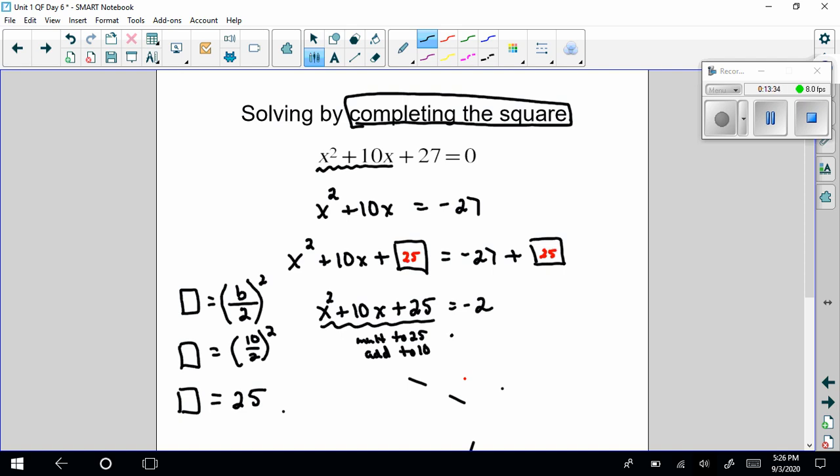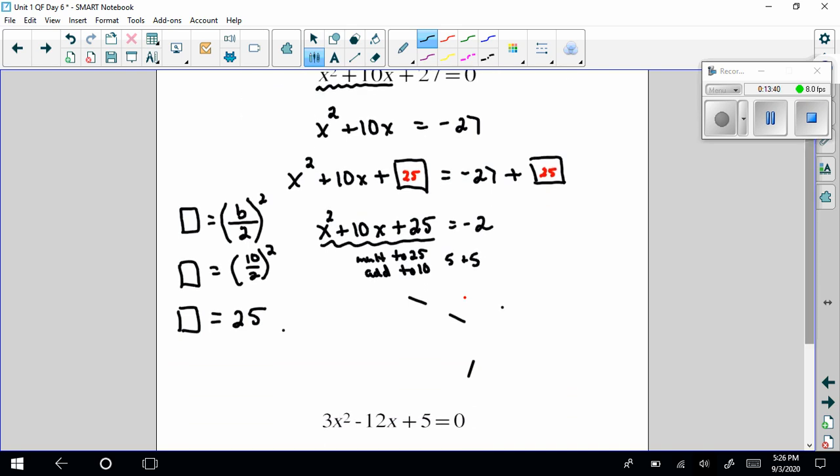So those two numbers are 5 and 5. So I can keep factoring. This one will be x plus 5 times x plus 5 equals negative 2.